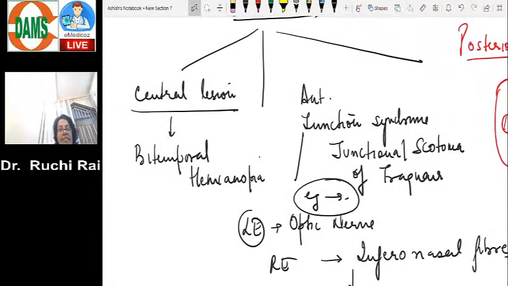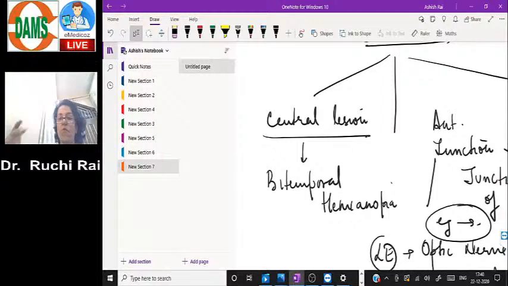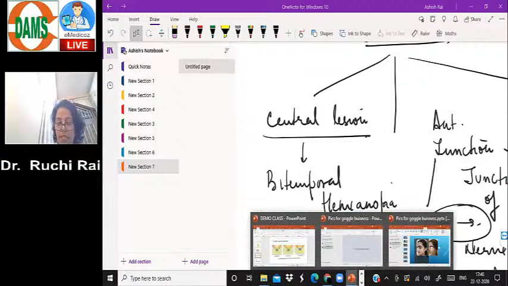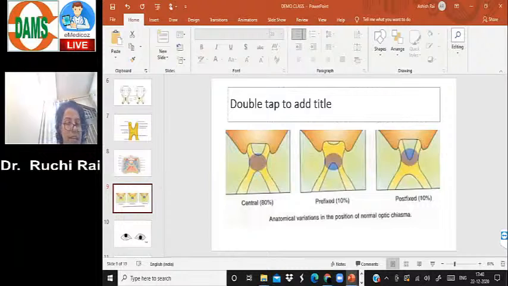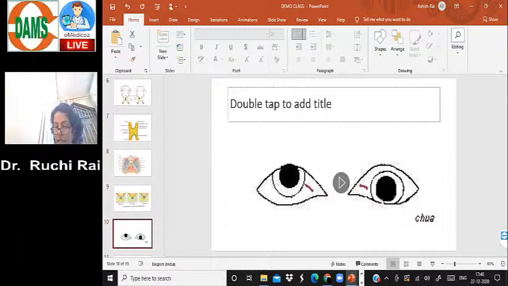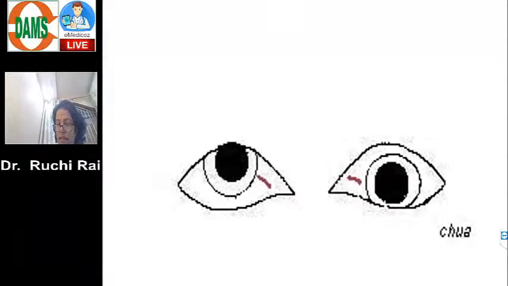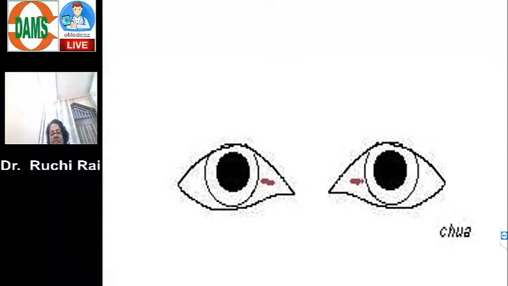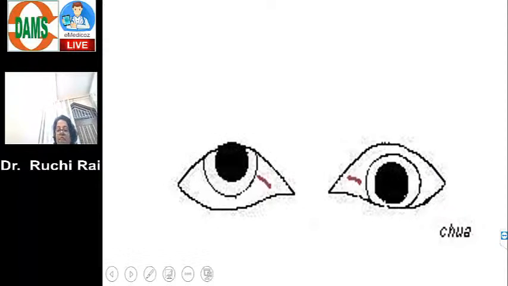Is there anything else? Yes, one more thing we will learn about chiasma before I move to optic tract. Another additional thing that we will look out for here is, look at this. One eye up, one eye down, one eye up, one eye down.